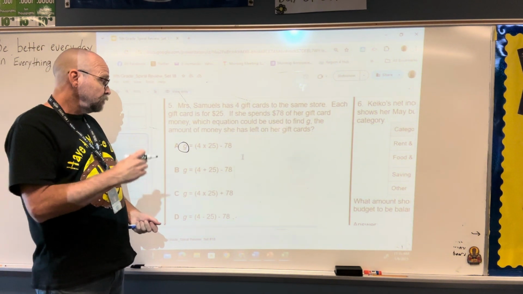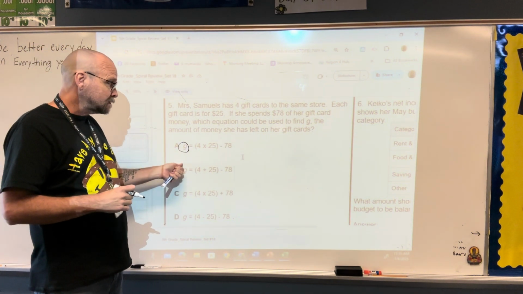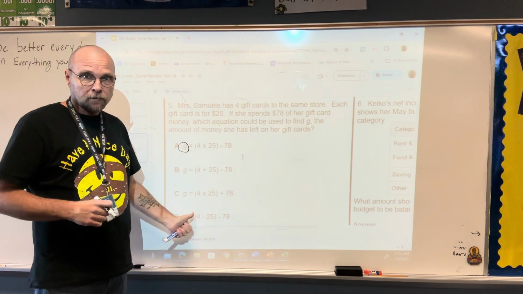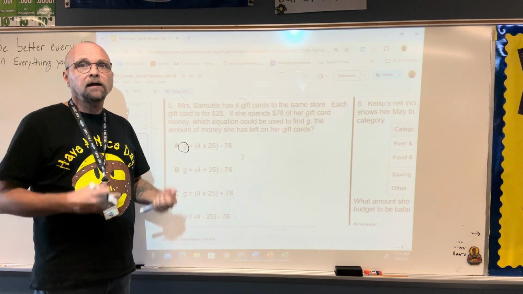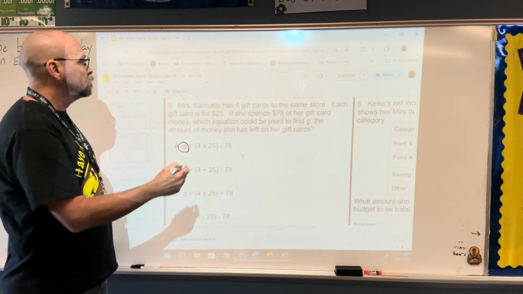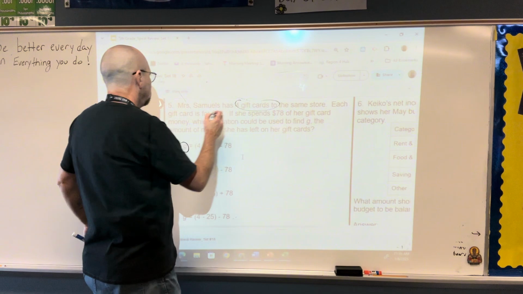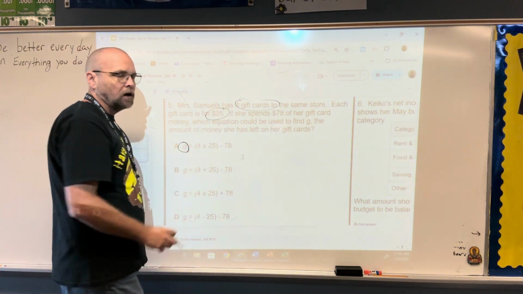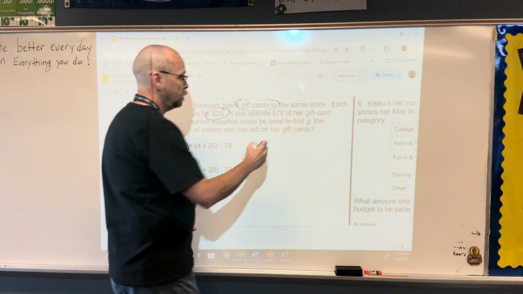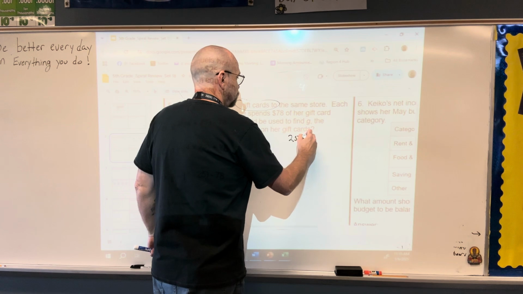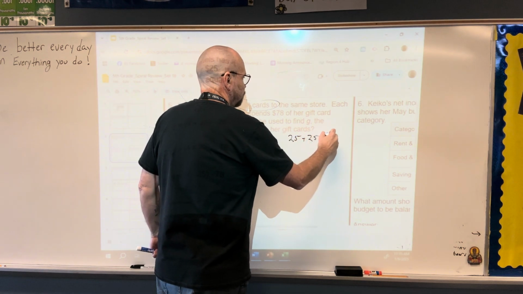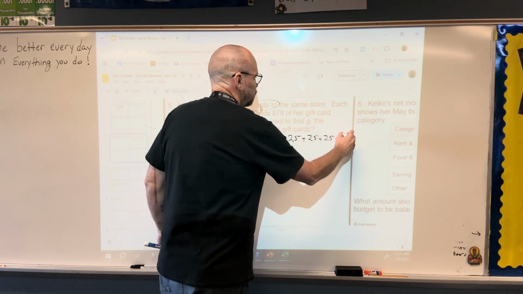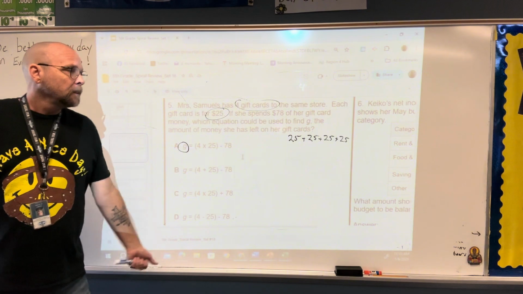It has to be less than what we start with, because she's spending the money. So we start with 4 gift cards, and each gift card is for $25. One way I could do it is 25 plus 25 plus 25 plus 25. Seems like a lot of work to me.